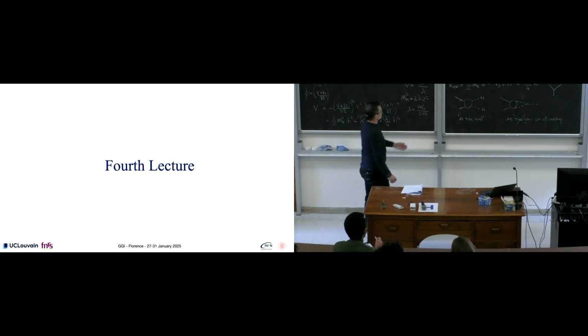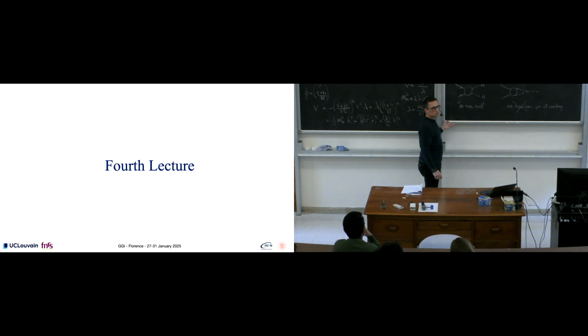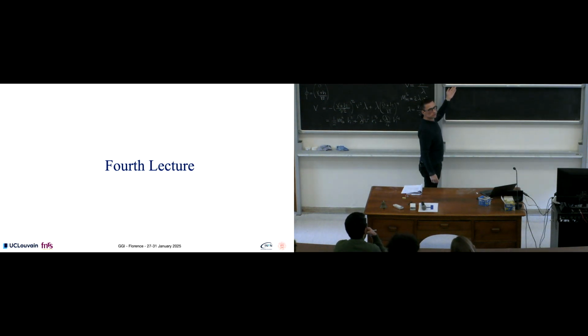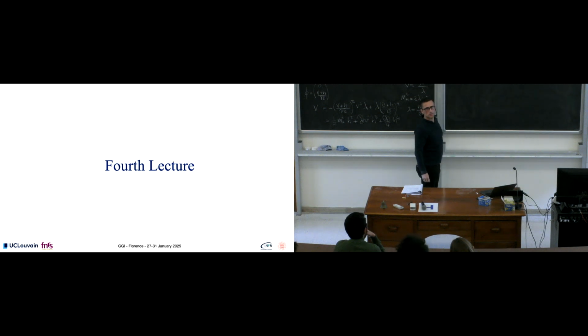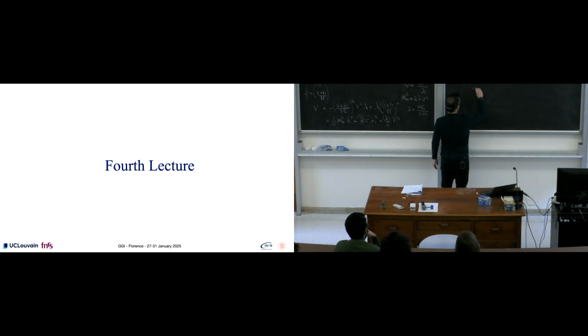Right. So, for example, let's imagine one process where this could happen at tree level. Let's see if you can imagine it. Anybody? That this can happen at tree level? Well, for example, we remember that we did 4 tops.